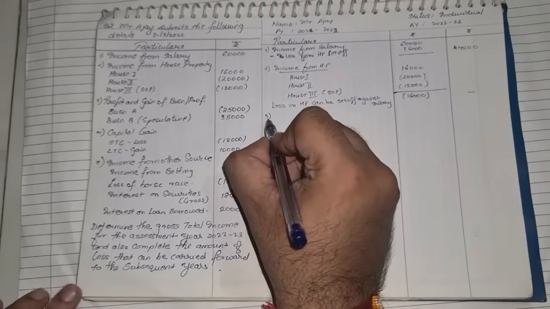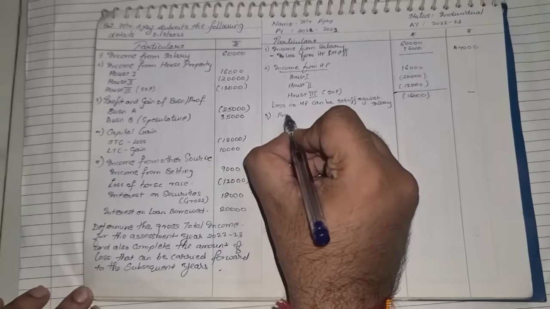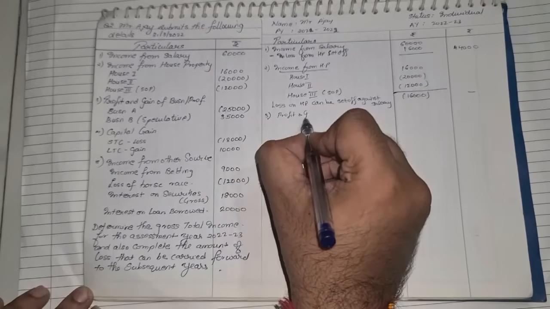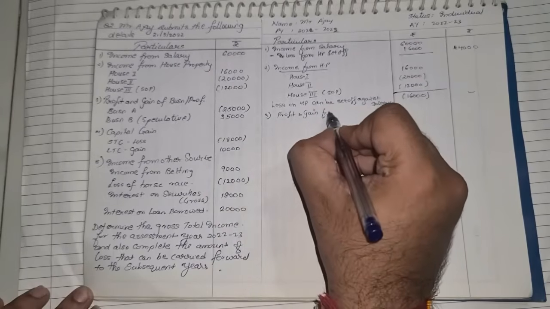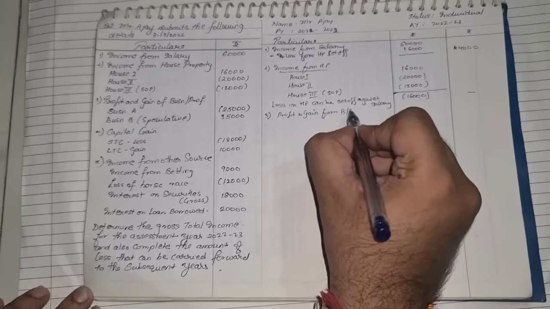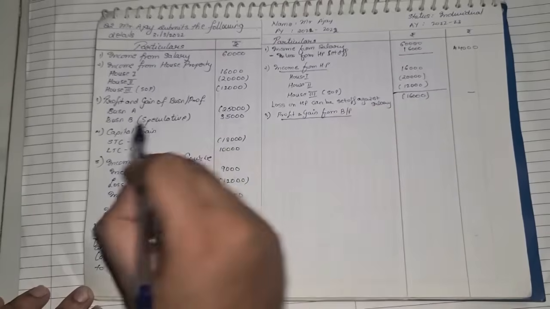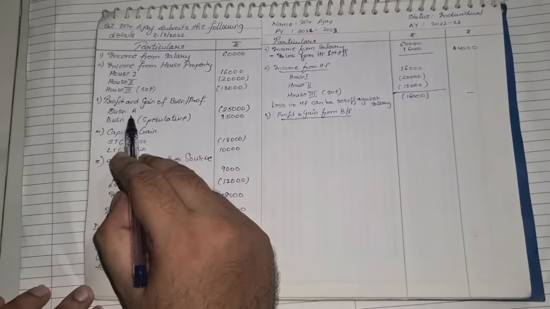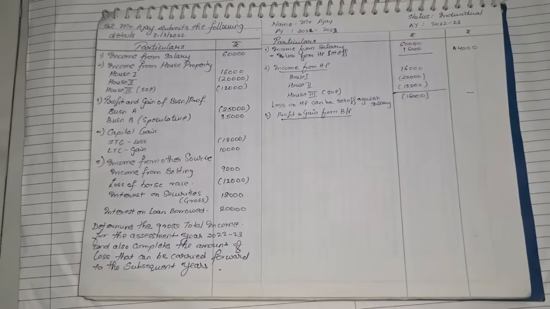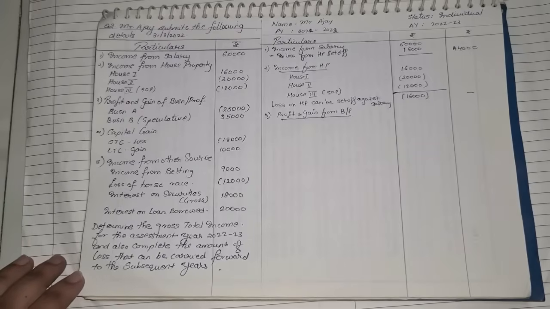Third, profit and loss or profit and gain from business and profession. So from business and profession, I underline that. I can see one non-speculative, the other one is speculative. Okay, so speculative and non-speculative can be set off by themselves.